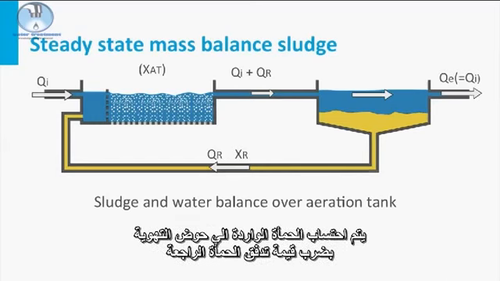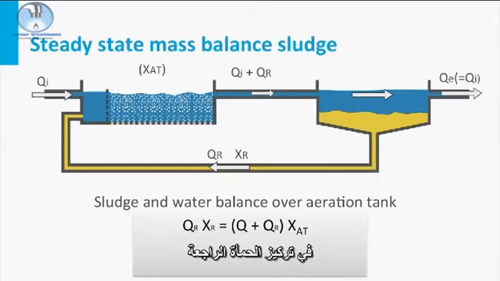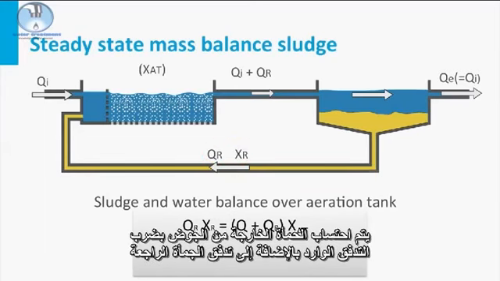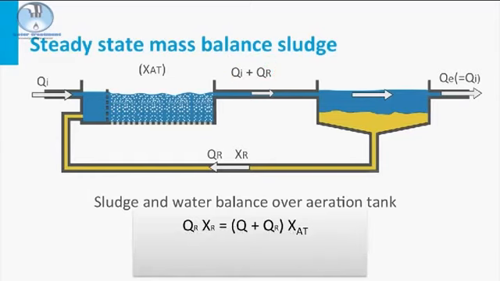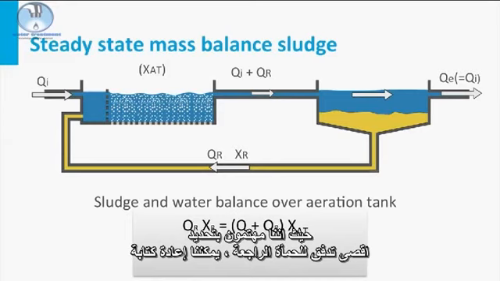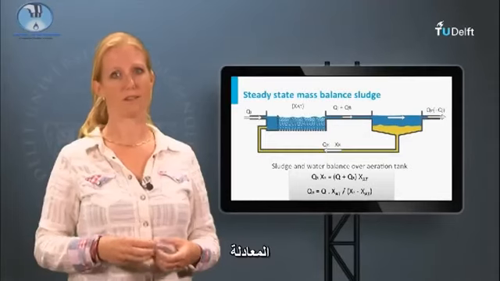Sludge entering the aeration tank is calculated by multiplying the return sludge flow times the return sludge concentration. Sludge leaving this tank is calculated by the influent flow plus the recycled flow times the sludge concentration in the aeration tank. Since we are interested in determining the applicable return sludge flow, we can rewrite the equation.